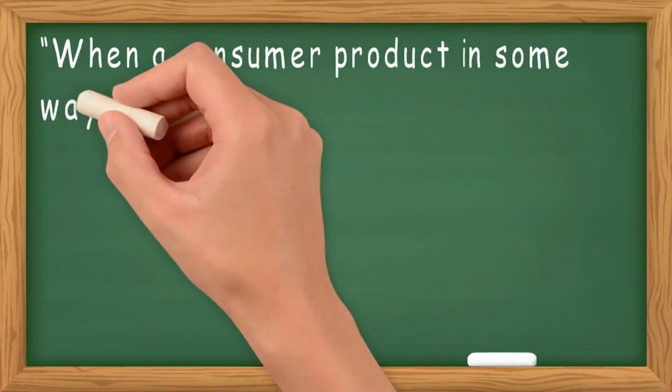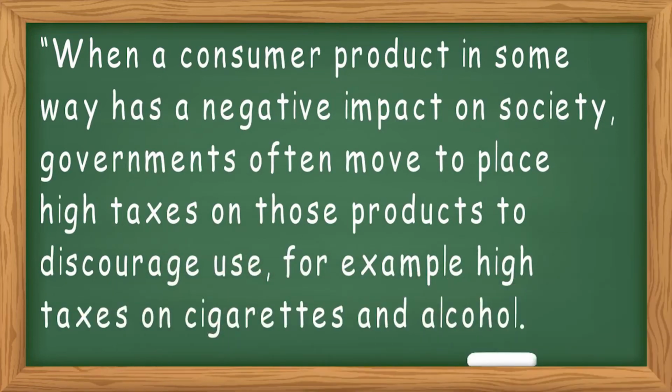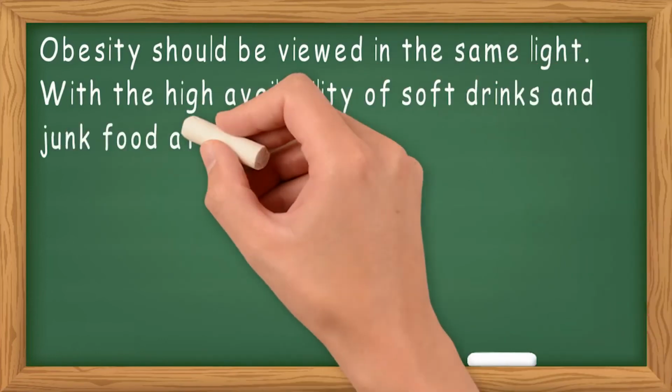When a consumer product in some way has a negative impact on society, government often move to place high taxes on those products to discourage use. For example, high taxes on cigarettes and alcohol. Obesity should be viewed in the same light.